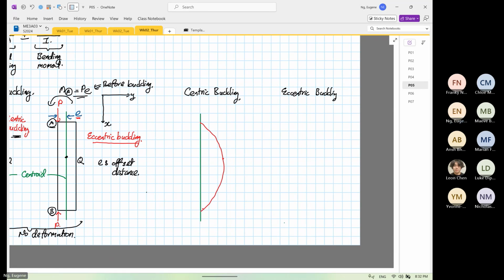Right, so this is exaggerated. Okay, so we have a situation when we're buckling for centric loading. Our load P is still coming down here. And then I'll draw our member over here.